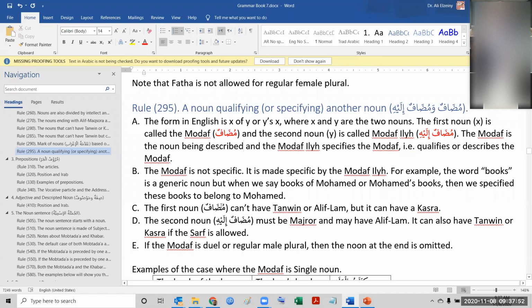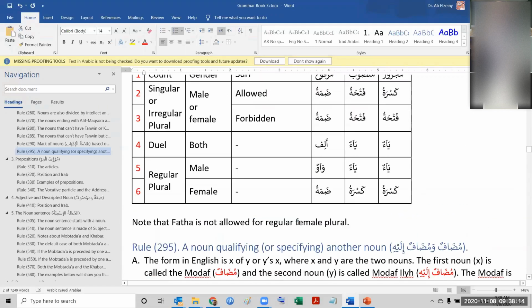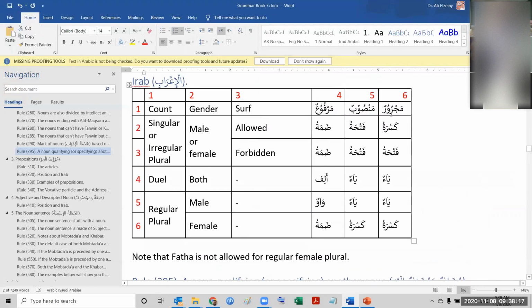The first noun, which is al-mudaf, cannot have tanween or alif lam. But it can have kasra. Mudaf ilayh must be majrur. Majrur means this case here.